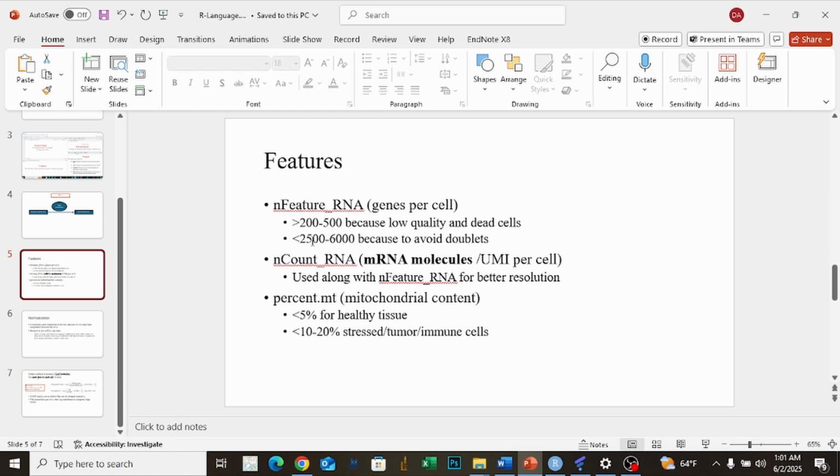nCounts is usually used along with nFeatures, just for better resolution. The percent mitochondrial cutoff value depends on the type of cell. If the tissue is healthy, we can select a cutoff value of less than 5. If the tissue or cells are under stress, like a tumor, we can set a cutoff of 10 to 20.